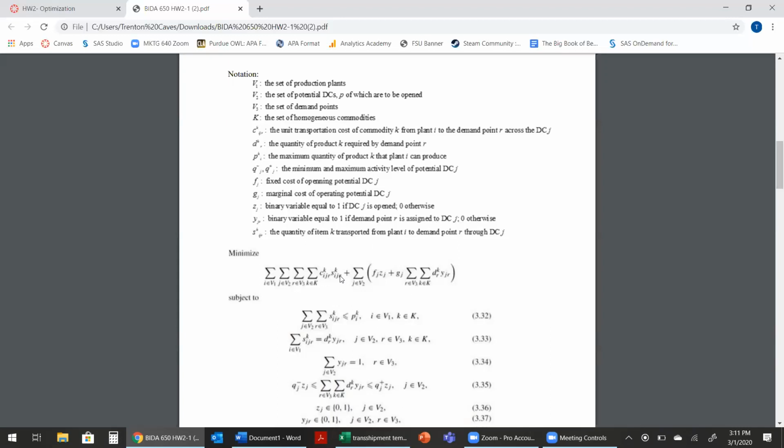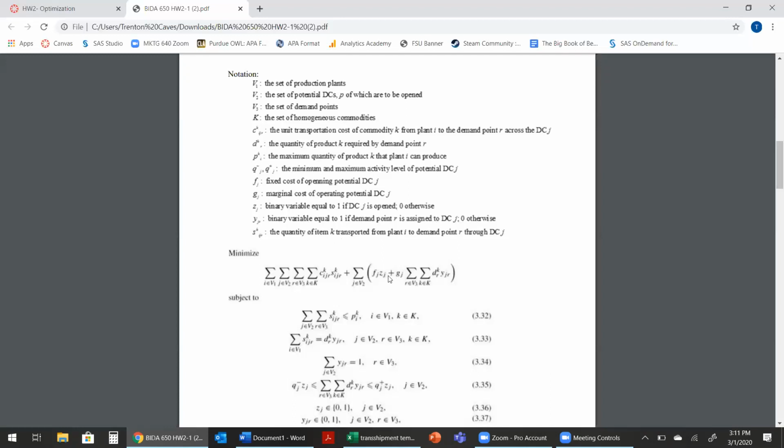Do you see how those two correspond? Yes, thank you. So that means that the first half of that equation is that we're trying to minimize the unit transportation cost of the commodities that are being shipped.